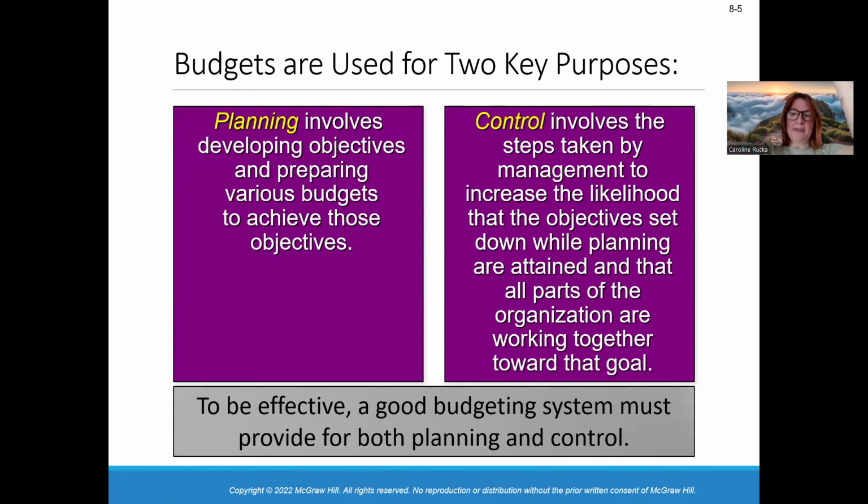Then we're going to let the year go by, and then we're going to compare our budget to how we actually did as a means of control, so that we can see how closely we kept to our budget and act accordingly. In order to be effective, your budget has to do both.